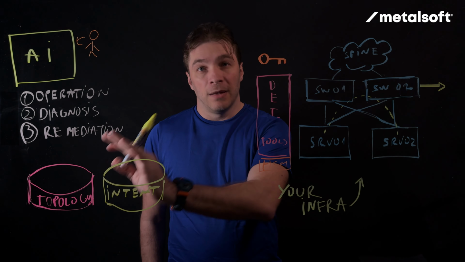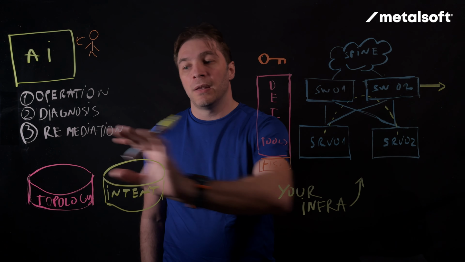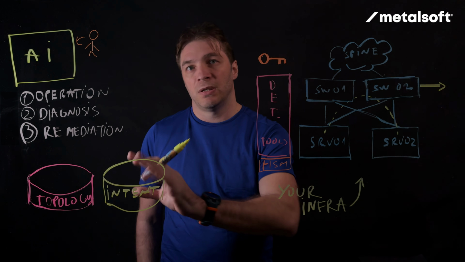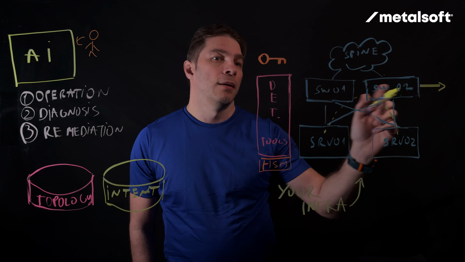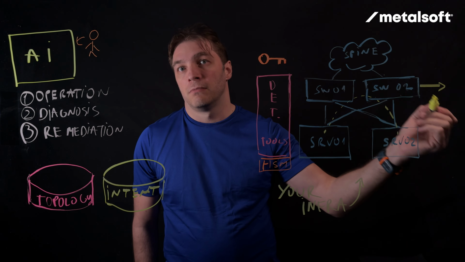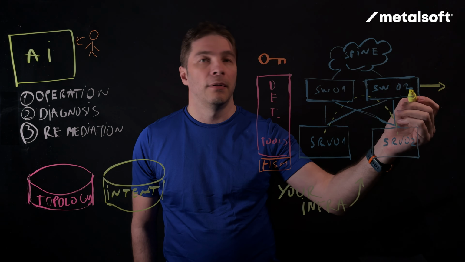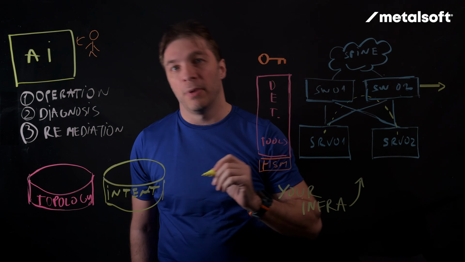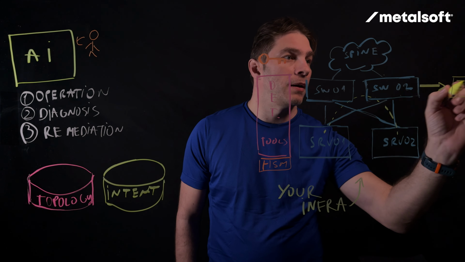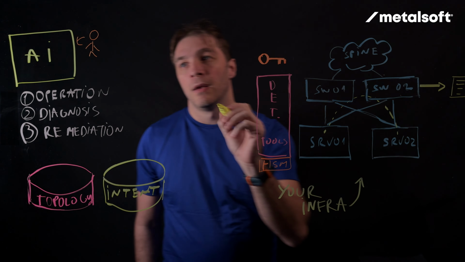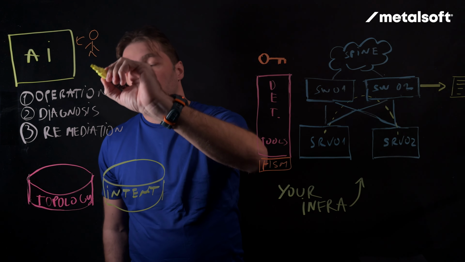But in our system, especially if you're building this topology and the intent information from the start, potentially using MetalSoft, you can, in effect, have the AI do a proper diagnosis, because we receive the event. The event goes into the AI.